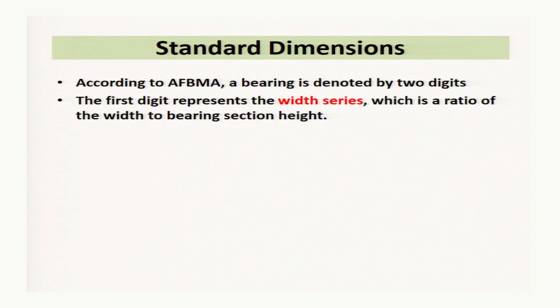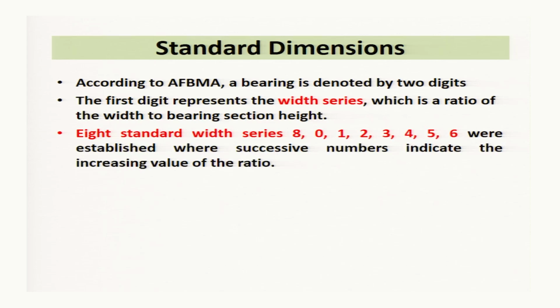The first digit represents the width series, which is the ratio of width to bearing section height. 8 standard width series are there: 8, 0, 1, 2, 3, 4, 5 and 6, where the successive numbers indicate the increasing value of this ratio of the width to the bearing section height.